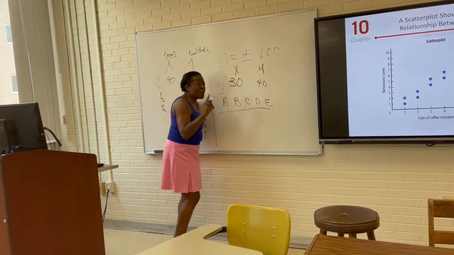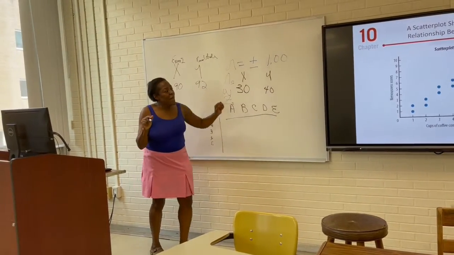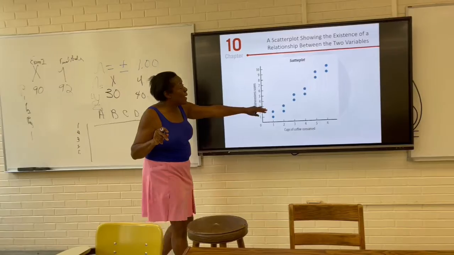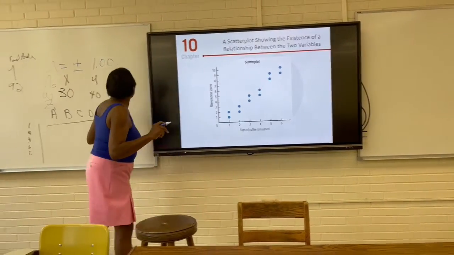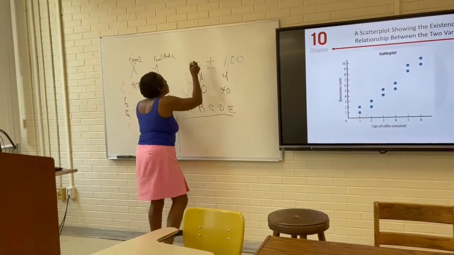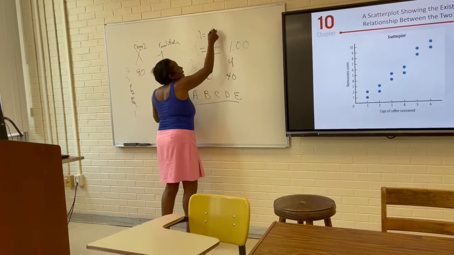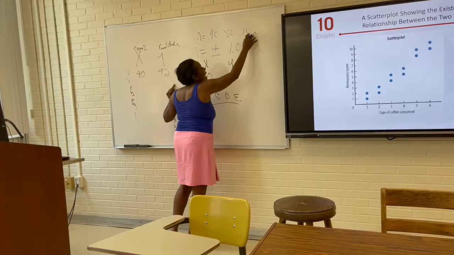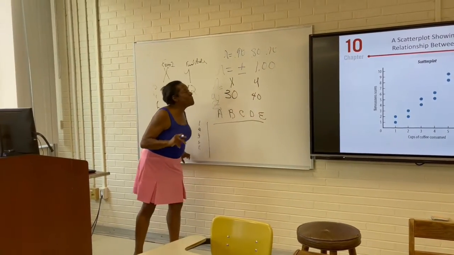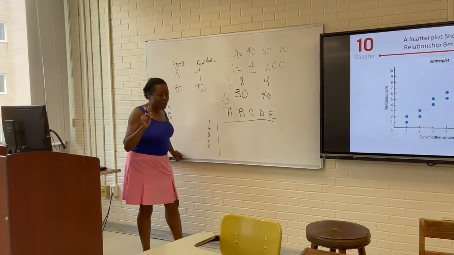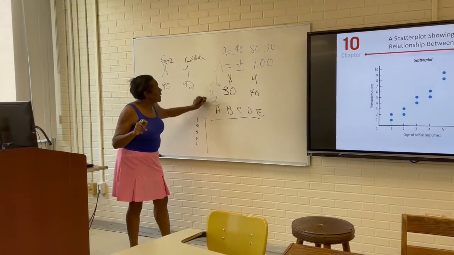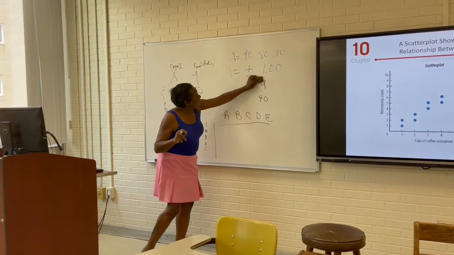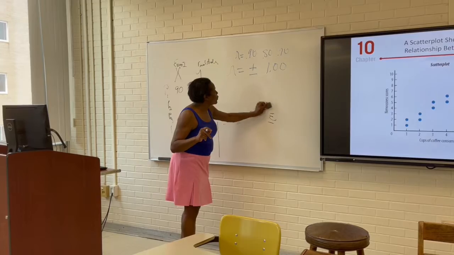However, if it is a high positive, the correlation would be what? In the 0.90s, 0.80s, 0.70s, if it's high. If it is a moderate correlation, meaning it is an average correlation, well, the scores would be in the what?